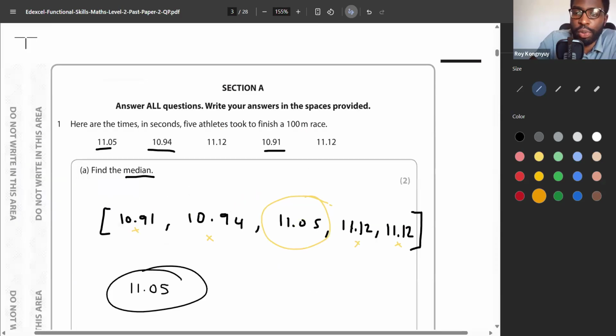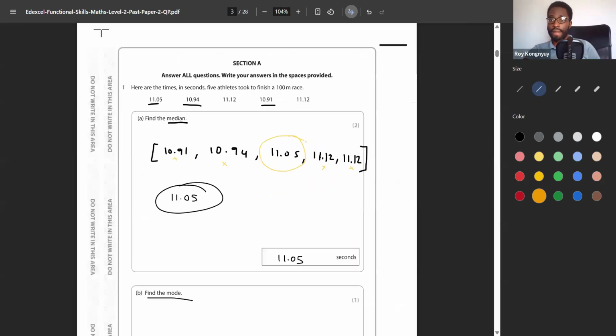So to review, before we go, the median, that is the middle term.